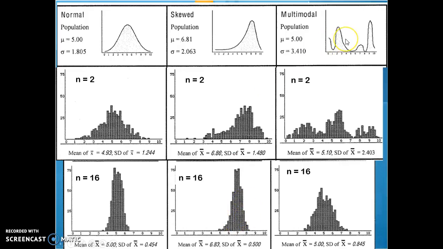Same effect happens here. In this really crazy distribution, the population parameter, the mean, is 5. And when we do repeated sampling of sample sizes equal to 2, we get this funky shape, funky things going on. So we can increase the sample size and then say, yeah, that's looking a little bit more normally distributed, a little more bell-shaped, and still centered around our population mean.